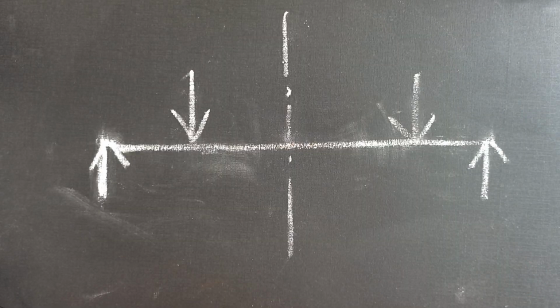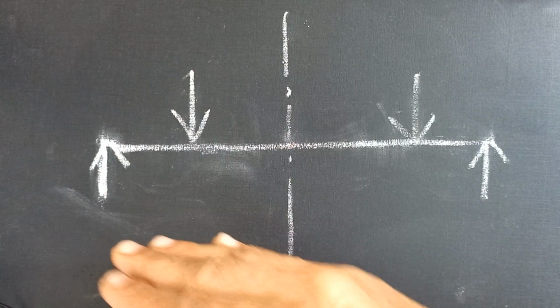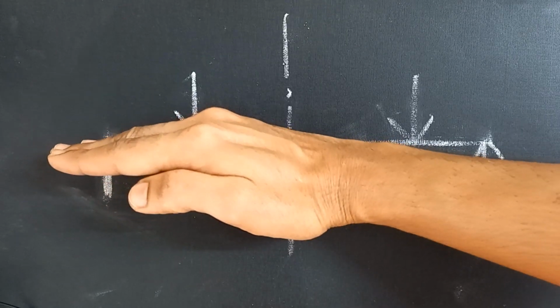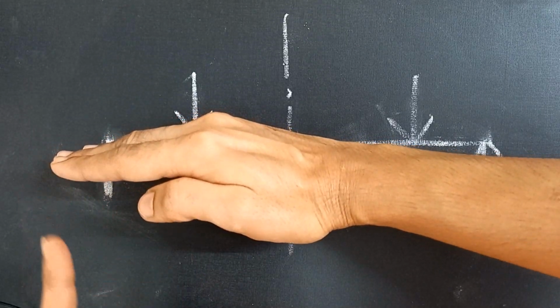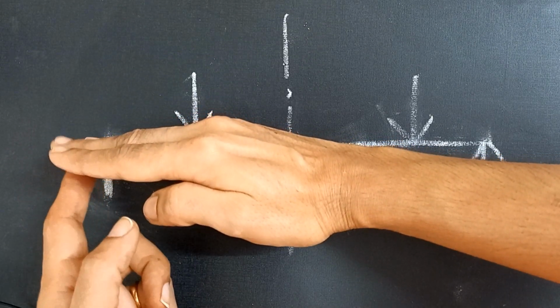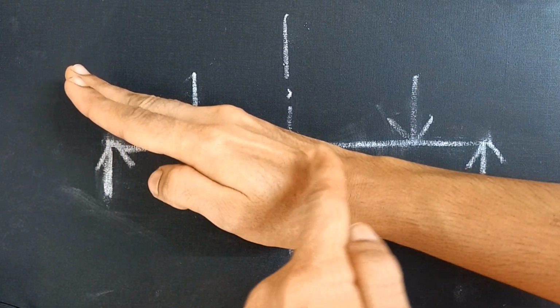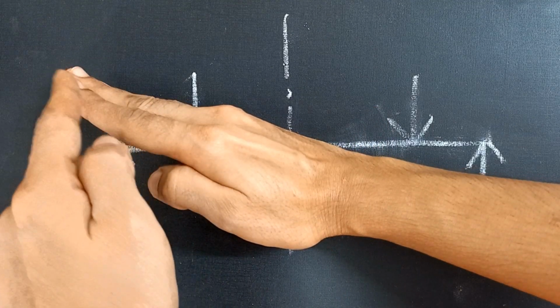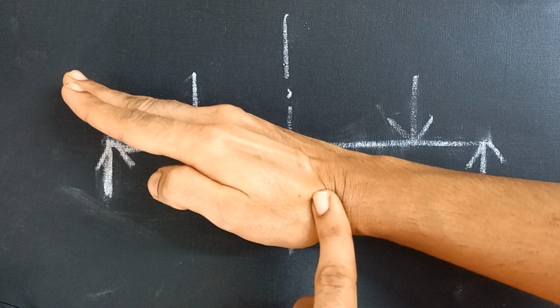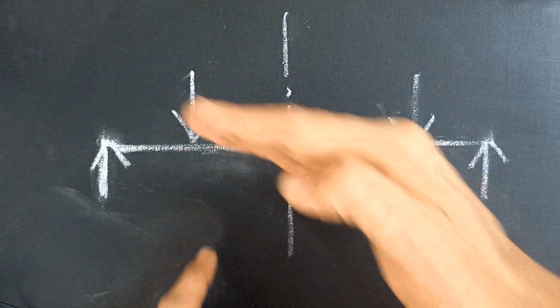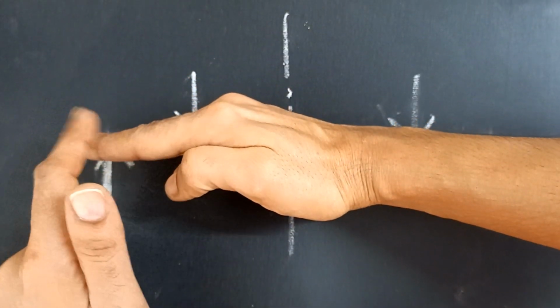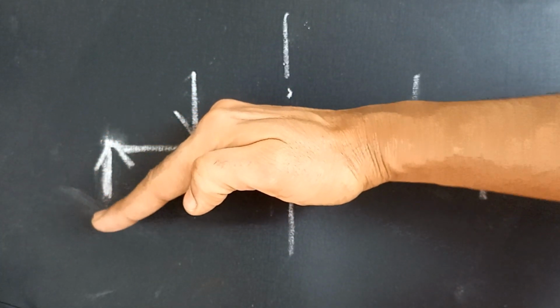Now if we want to use our hand, we can keep it like this. So this is an upward force. So we will be moving this side upward. See, so we'll get a sagging effect. So it will be positive. And this is a downward force. So we have to move this end downwards.